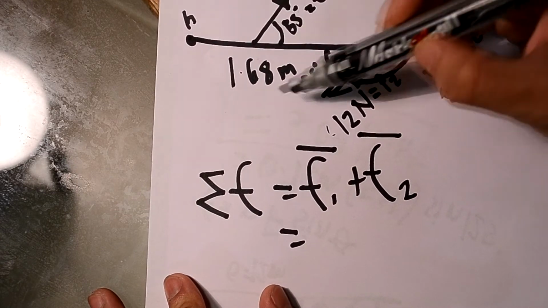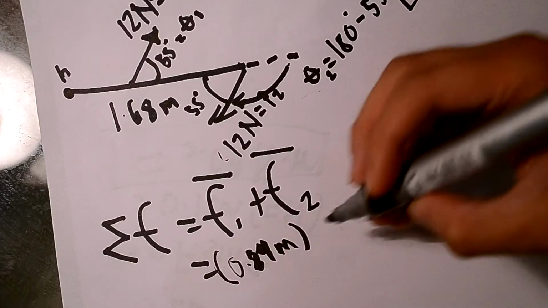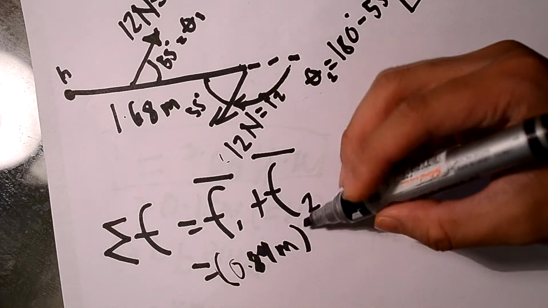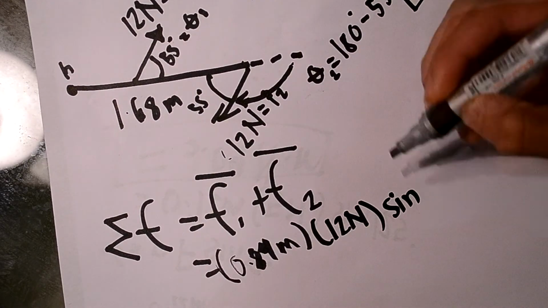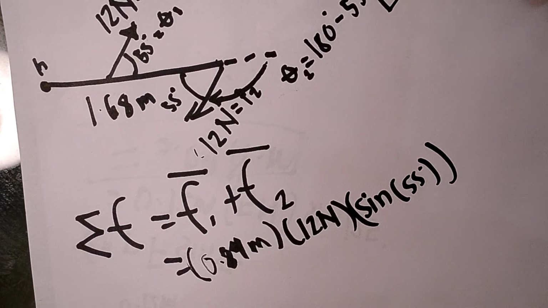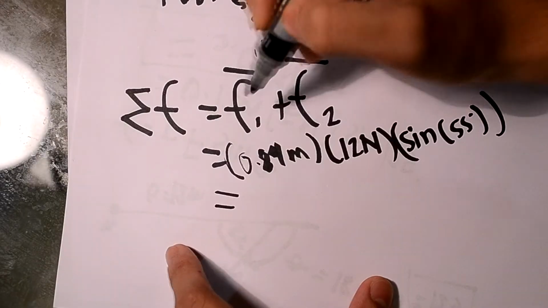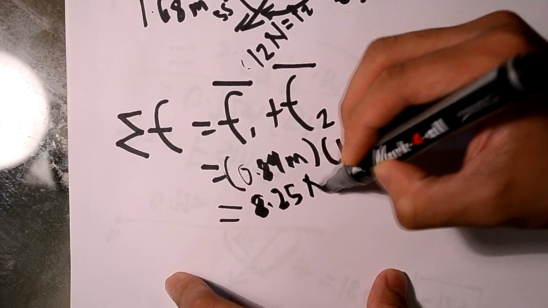The force is 12 newtons with sine theta, where theta 1 is 55 degrees, sine 55 degrees. So torque 1 is equal to 8.25 Newton meter.